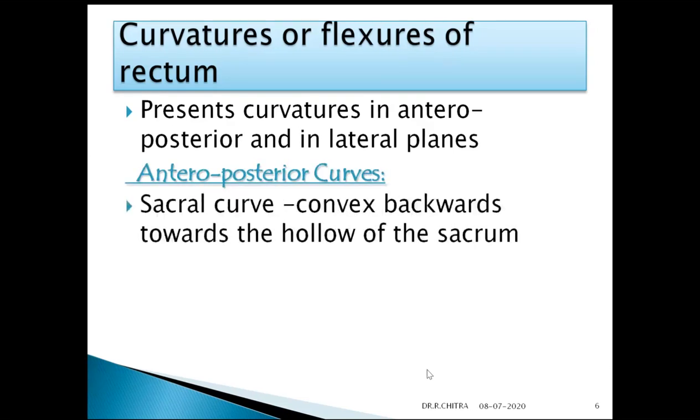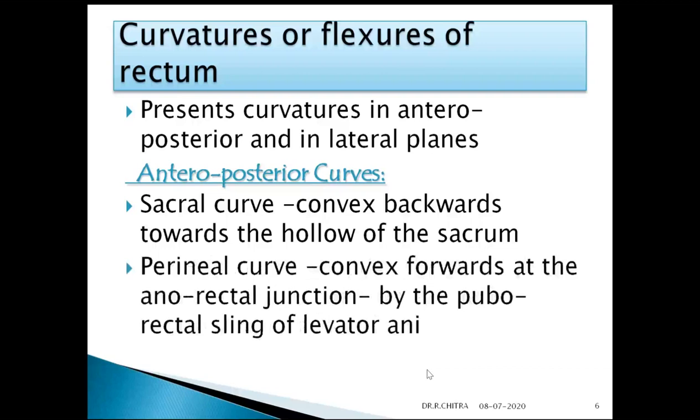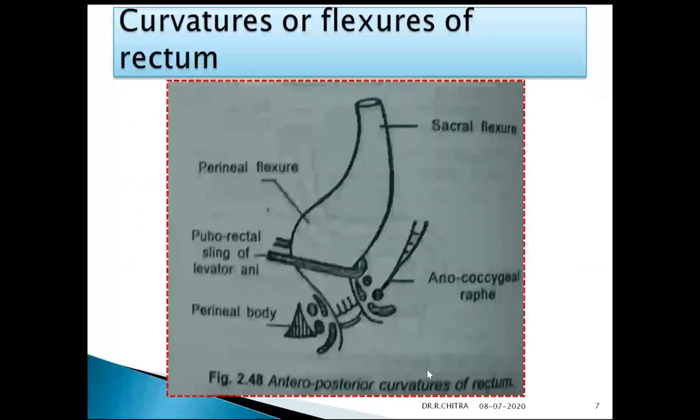Anteroposterior curves: sacral curve is concave forwards, as if in the hollow of the sacrum. So this curve is convex backwards. Perineal curve is convex forwards at the anorectal junction. This curve is caused by the puborectal sling of the levator ani.